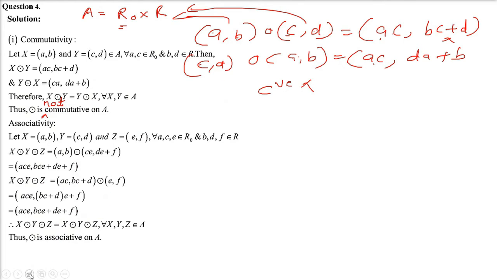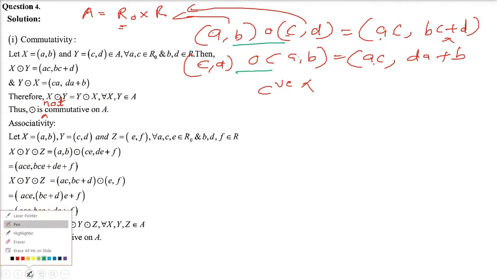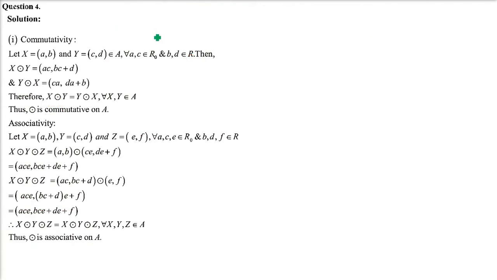Let us check for the associative now. But we need a third term also in associative. So we'll deal with (a, b), (c, d) and (e, f). When (a, b) operates with (c, d), this is already given in the question. You get AC, that is first two you multiply, then you multiply second with the first one and add the third one.